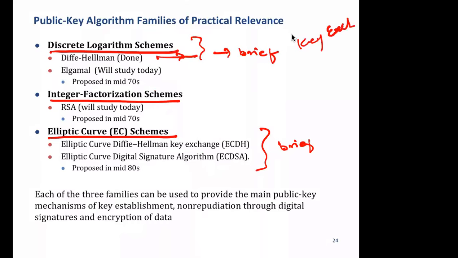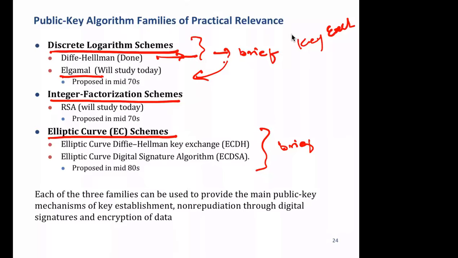Now what we are going to study is the ElGamal method, which is a small tweak of the Diffie-Hellman algorithm. You can see that the Diffie-Hellman algorithm does most of the job, but with a little bit of tweaking we can come up with an algorithm that can be used for different kinds of applications.